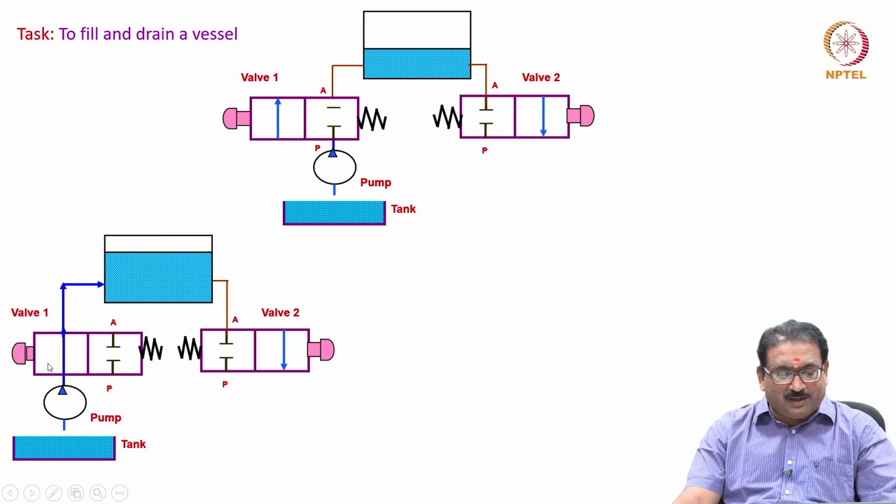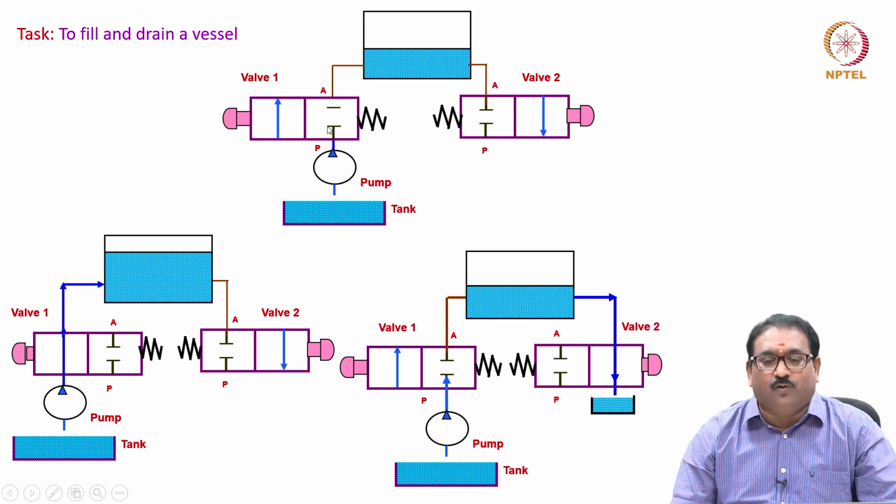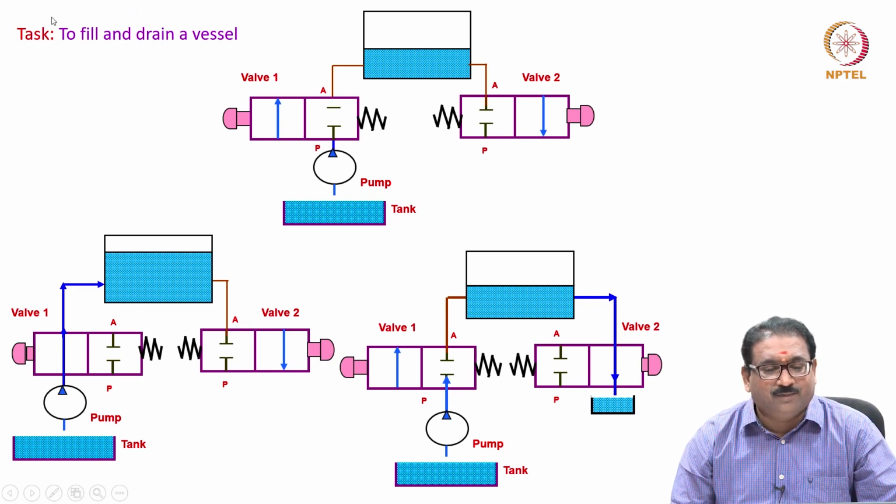Then one more push, it will go to the null. Then to drain, how to do it? You push this, what happens? The valve gets open here. Then flow is going out of the tank. That's why, if I use the 2 by 2 DCV like this, to drain and fill the vessel is very, very easy.